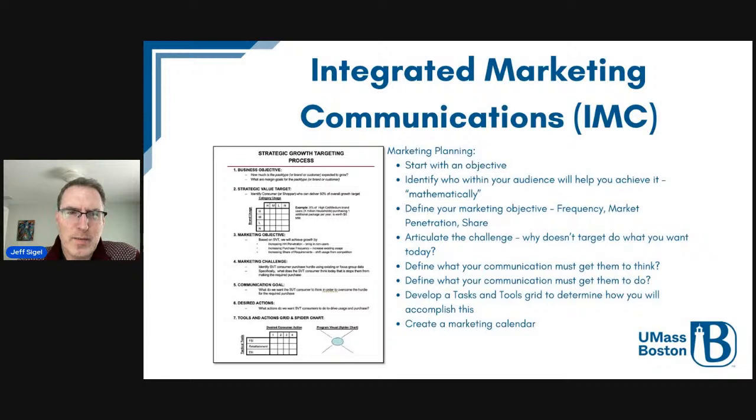All the things that we've talked about in terms of the customer journey, making sure that people understand that they have that need that you solve and that your product is the right solution for them is really the whole idea of promotion. Integrated marketing communications is just a disciplined way of thinking about this promotion.